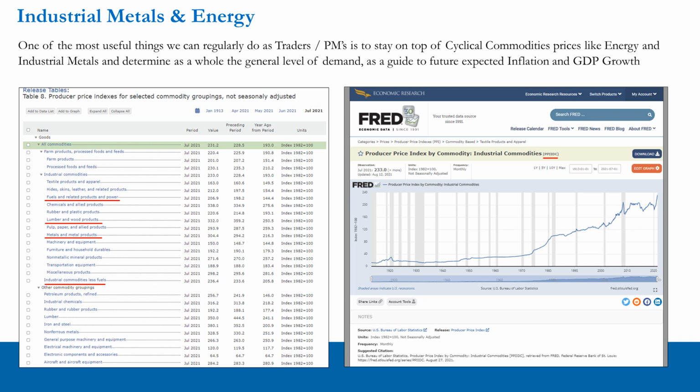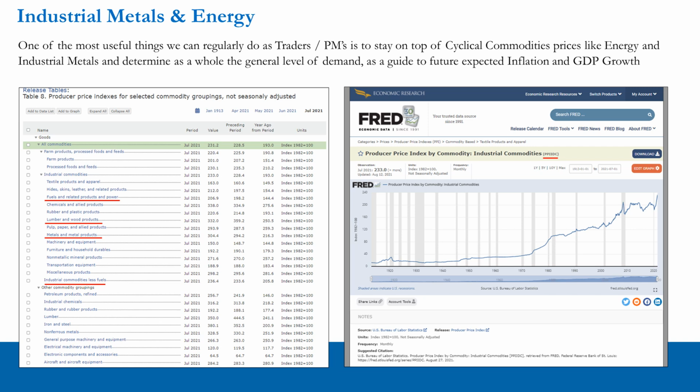Now, if you look on the screen on the left-hand side, you will see the producer price indices for goods and in goods, all commodities. And then you'll see the sub-indices for all commodities, which are farm products, processed foods and feeds, and also industrial commodities.